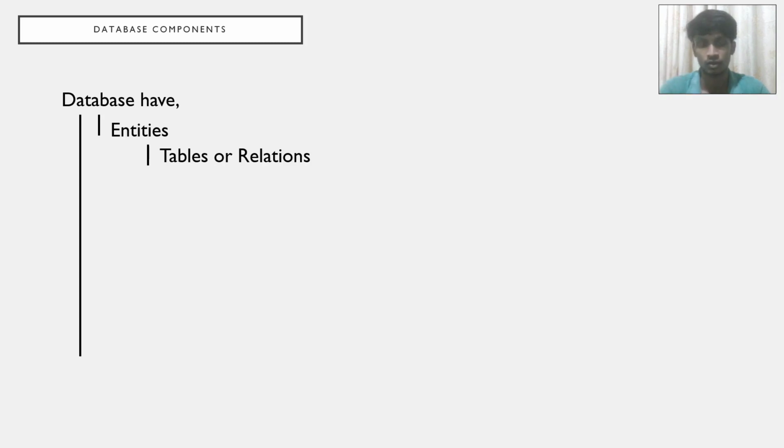For now, what you should know is, a database has entities, and entities can be represented by using tables or relations. Basically, an entity is a place or person or instance, and each of these persons, places or instances can be represented by using tables or relations.